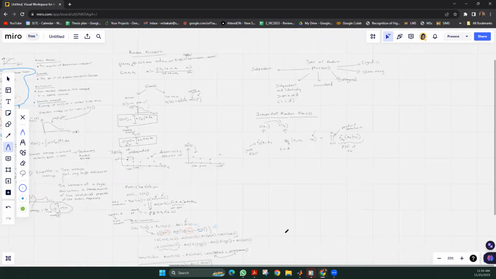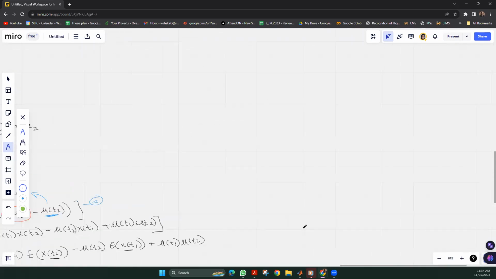Independent and identically distributed random processes are processes that we use most of the time in communications and other signal processing domains. We call them IID processes.